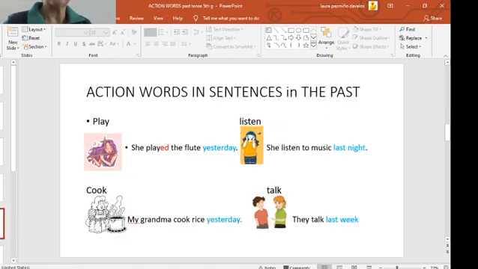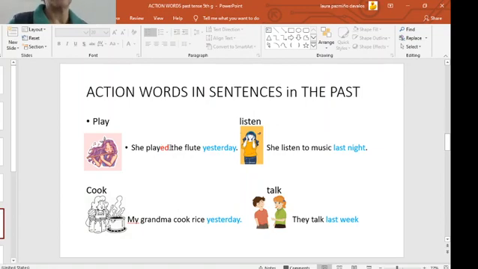Now, let's go. I have some sentences in the past. Miren, play is the base verb, el infinitivo. Este es el verbo base. Play. Look at this one. Miren esta sentence. Do you find a verb here? Yes, played.